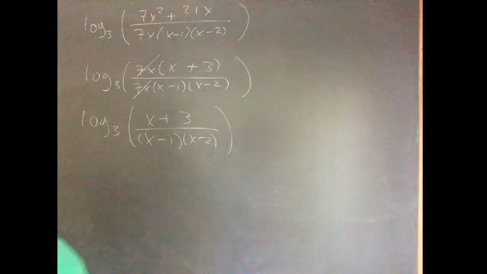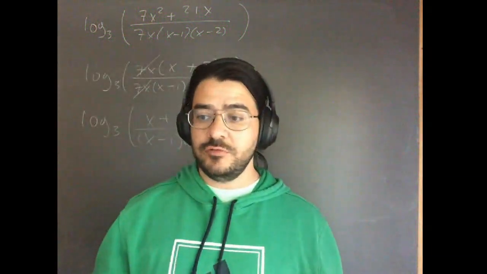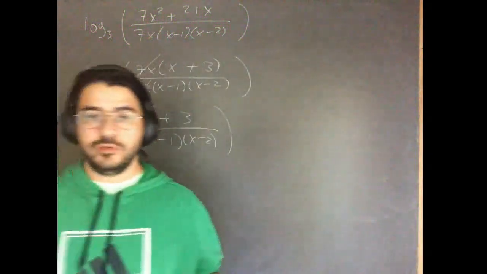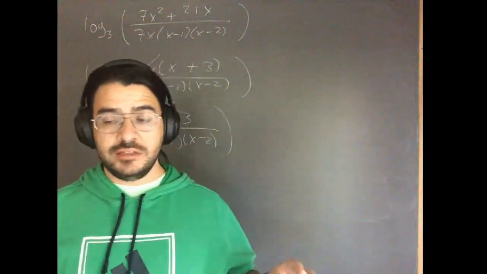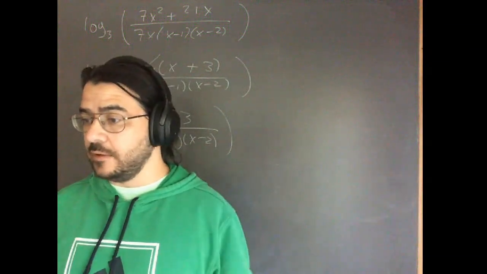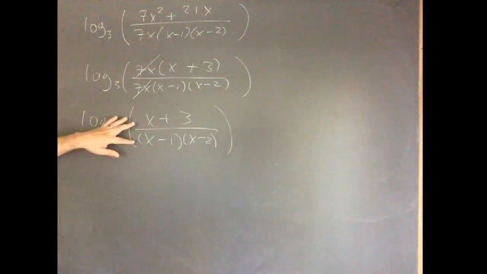Okay, and again, the instruction here is to expand the logarithmic expression. It's not an equation, so we're not solving for anything. We're just trying to expand it, and what they mean by expand is write it out with as many logarithmic terms as you can. So the first thing that we can do is expand the division, okay?